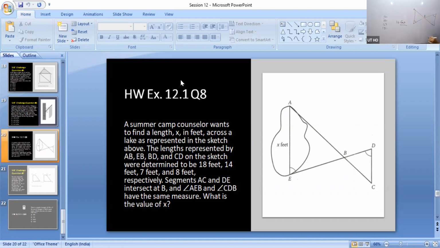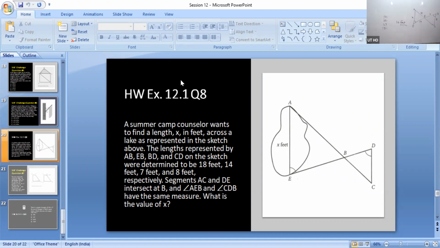We have to use the ratio. AB is 30. EB is 40. Then BD is 7, I think 8.